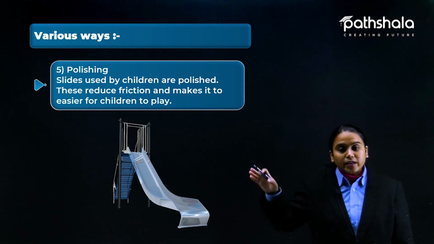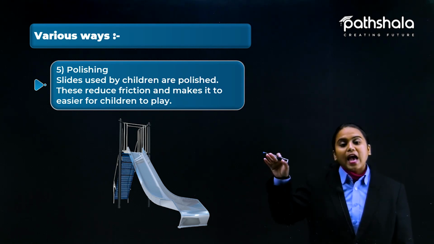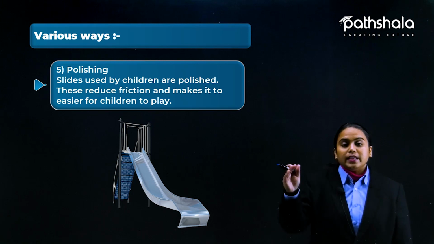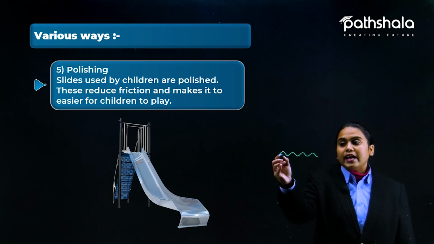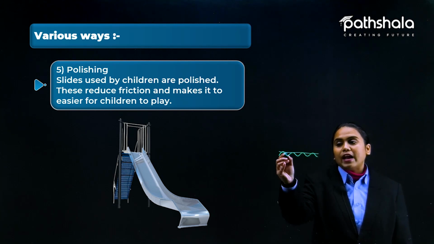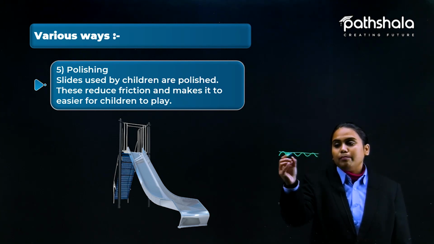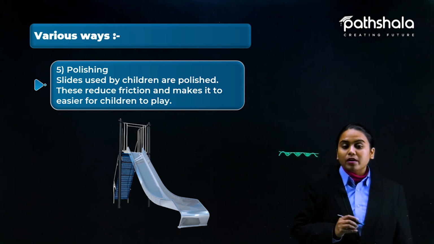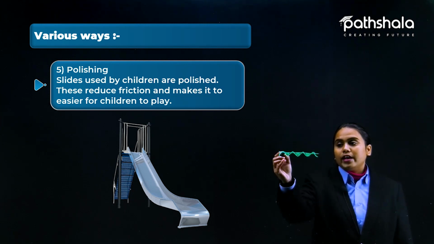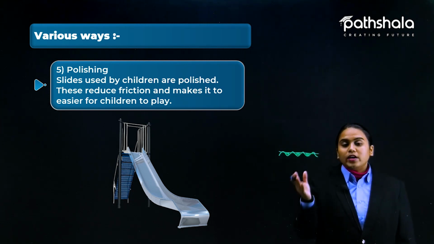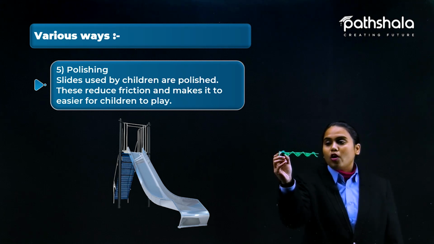If we polish the surface, the surface which has lots of irregularities gets flattened by polishing, giving a smaller amount of irregularities.